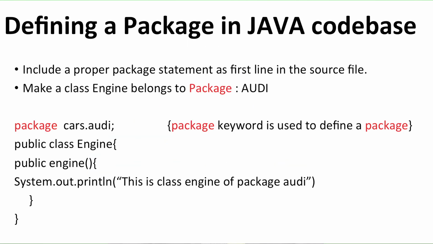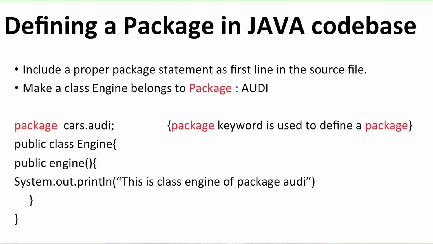Defining a package in Java code base. Include a proper package statement as the first line in the source file. Make a class engine belong to package Audi. So we are using package cars.audi. Engine is the class name, cars.audi is the package name. So the package keyword is used to define a package here.